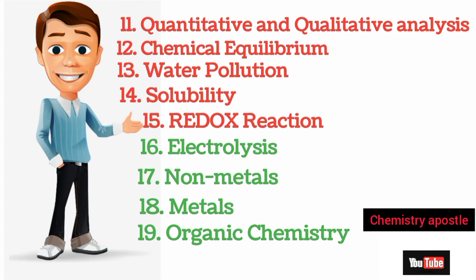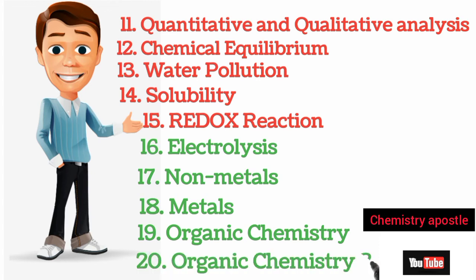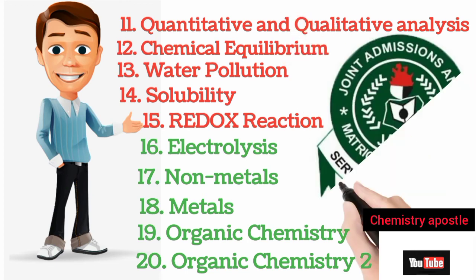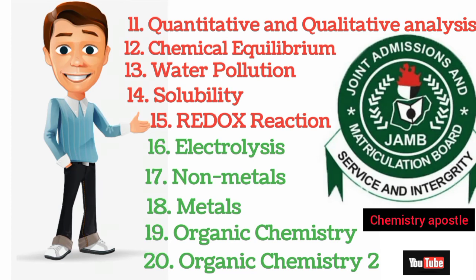Even for O level, we have it in 3 segments: organic chemistry 1, 2, and 3. Organic chemistry 1 talks about hydrocarbon majorly. When you are talking about alkane, that's organic chemistry 1. Organic chemistry 2 talks about carbohydrates, starting from alkanoic, alkanone, alkanoate.